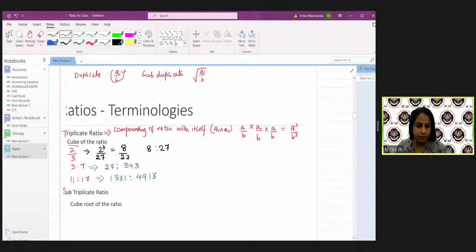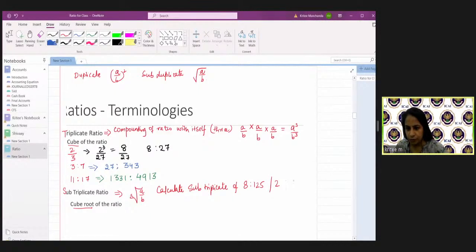We are here with triplicate, that is cube, and subtriplicate means cube root of the ratio. So we have to find the cube root of the ratio. Let me give you these simple ones. Try this. Calculate subtriplicate of 8 is to 125, 216 is to 343.